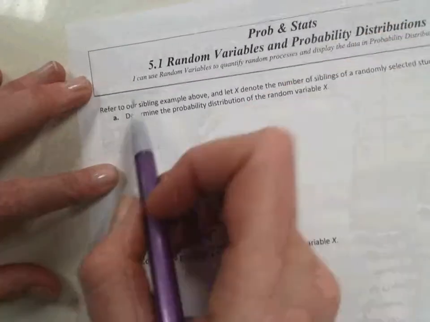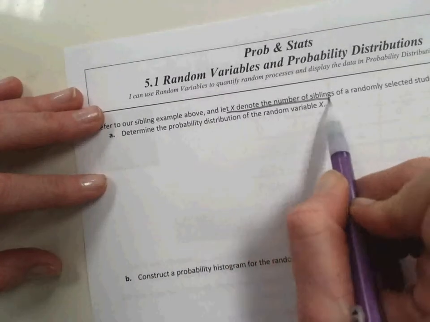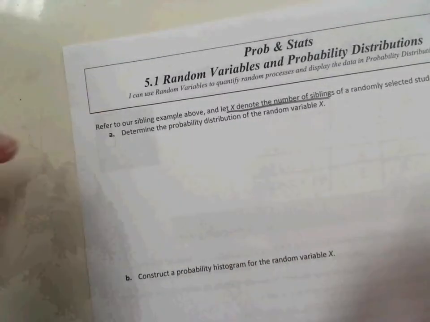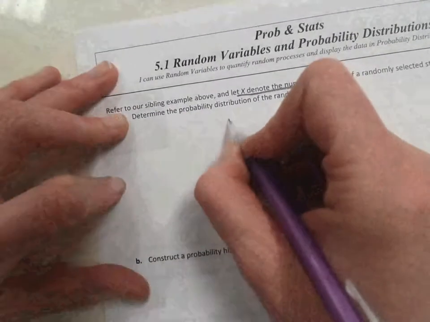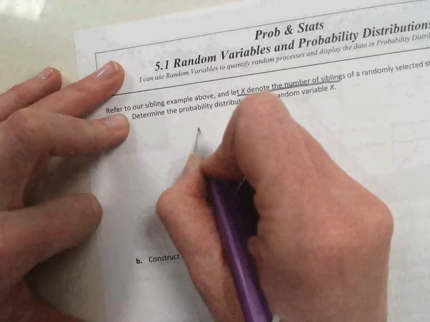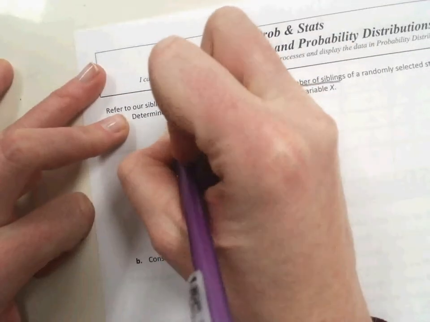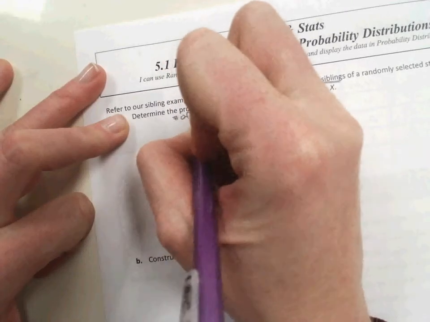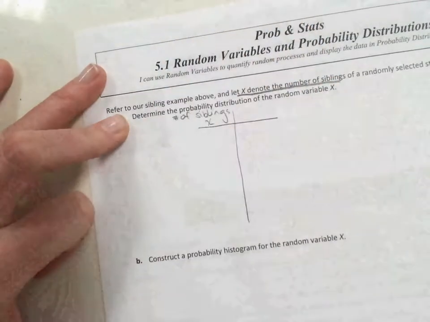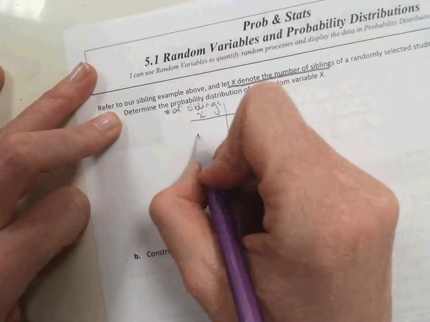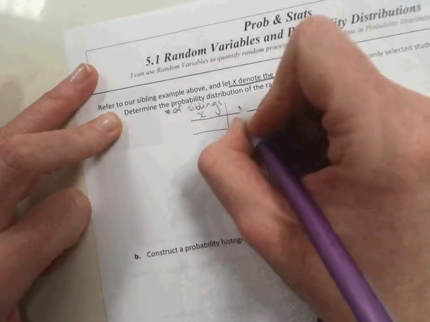Determine the probability distribution, referring to the sibling example. Let X denote the number of siblings of a randomly selected student. So for that, we have the number of siblings, and these are values for the lowercase letter x.